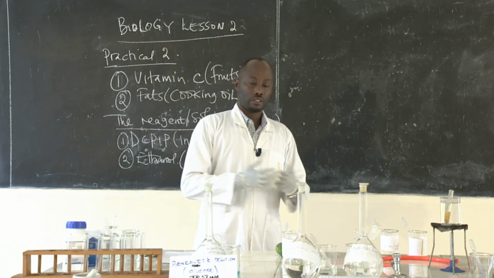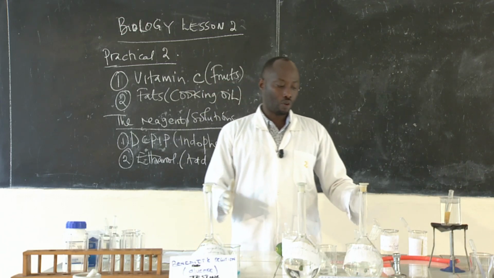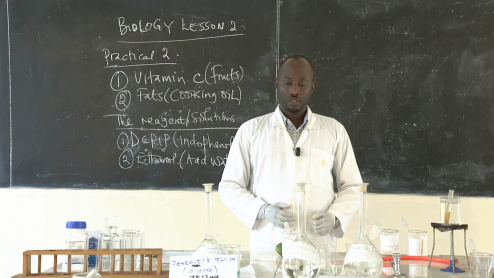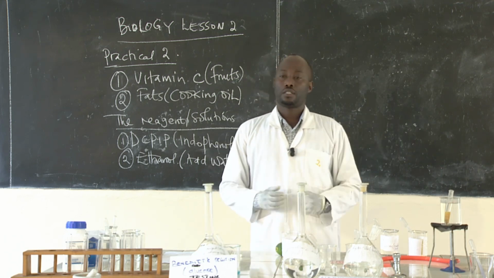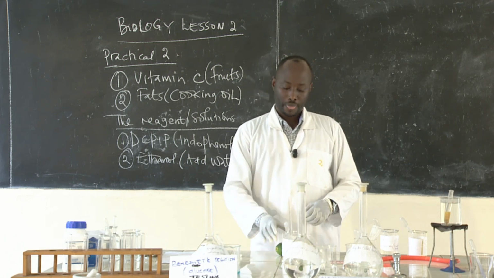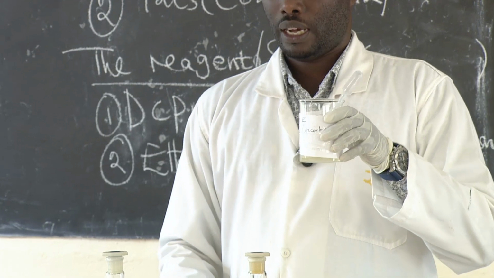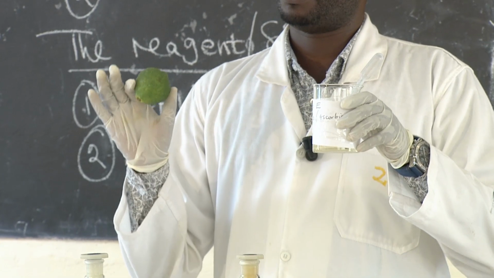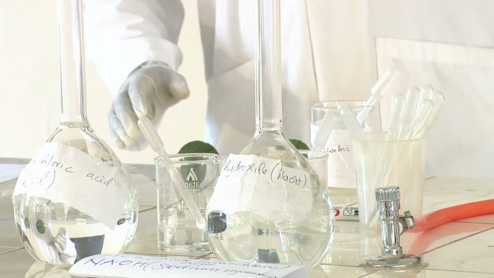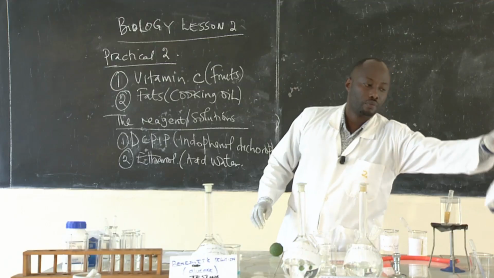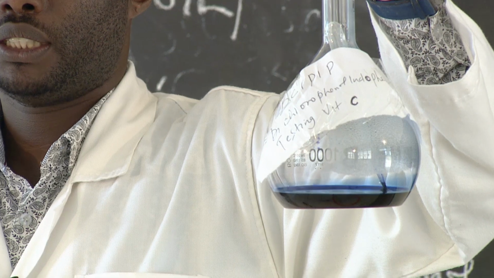So let us start our experiment. In front of me, the table has some food nutrients, and also some chemicals that I'm going to use. This is a prepared sample of vitamin C. We can extract it from the lemons. The chemical I'm going to use is dichlorophenolindophenol, DCPIP.